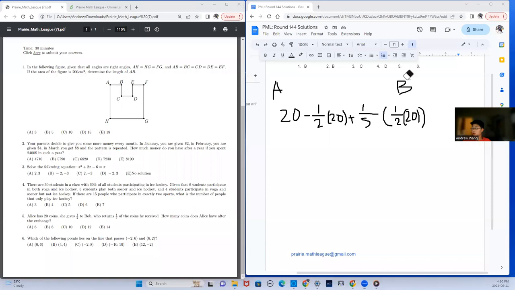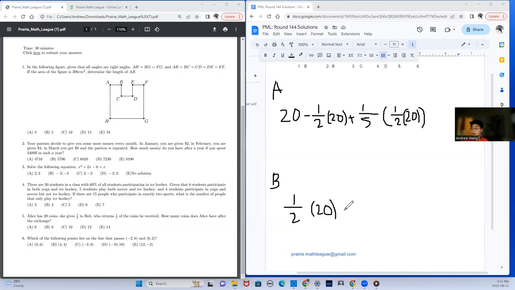And we'll actually just move this Bob section to the bottom because we don't have enough space, and this will be Bob's value. So plus a fifth of the money she gave. So we have no idea what Bob starts out with, but all we know is that he receives half of 20 from Alice.